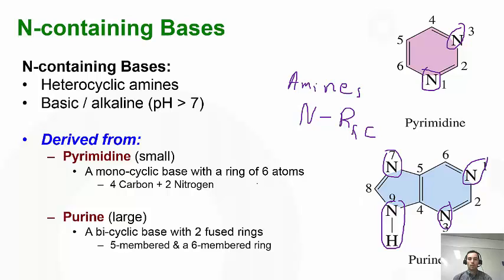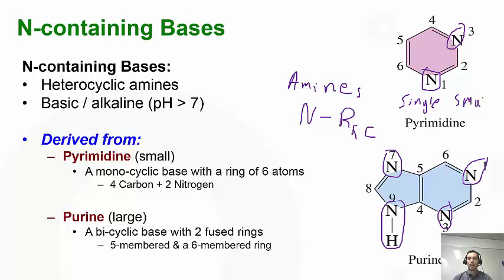So the key difference that I want you to take away about our pyrimidines and our purines is that our pyrimidines are actually small. So these are our single ring structures. So the way I remember this is the pyrimidine is the single ring structure that is small. So it has the larger name.